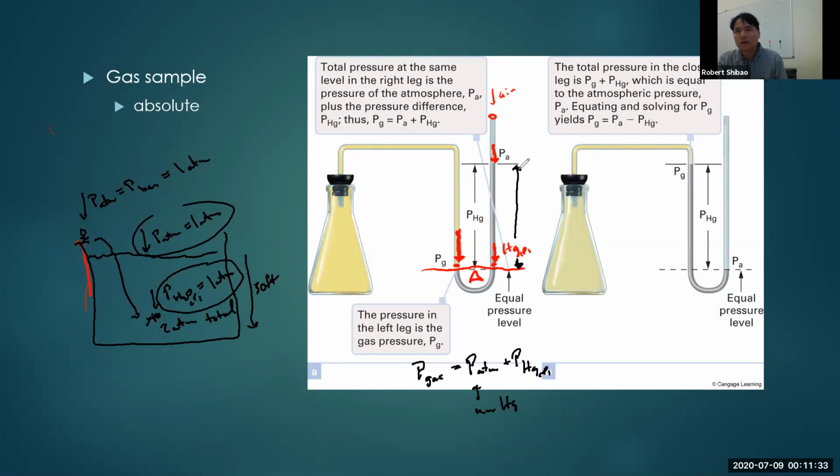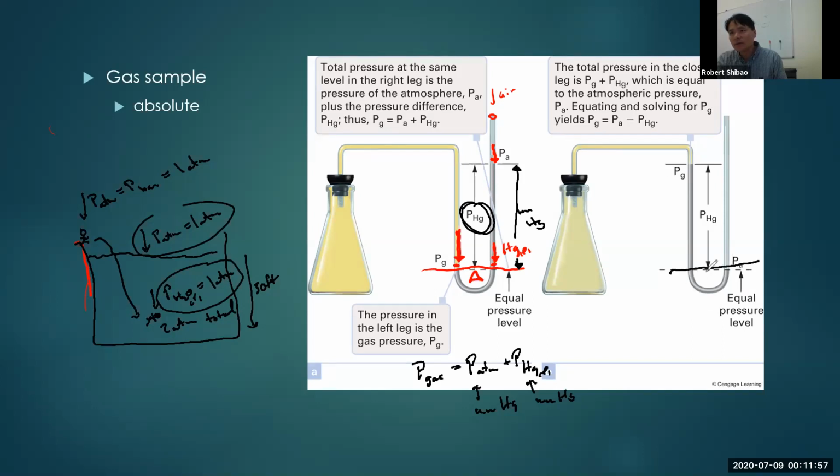We're just going to use the height, the millimeters of mercury, as the pressure of the mercury. So this is also going to be millimeters of mercury. We just go to the barometer and measure the atmospheric or barometric pressure, and then just measure how tall this is. That's it.